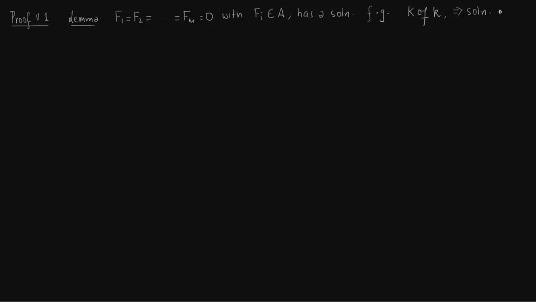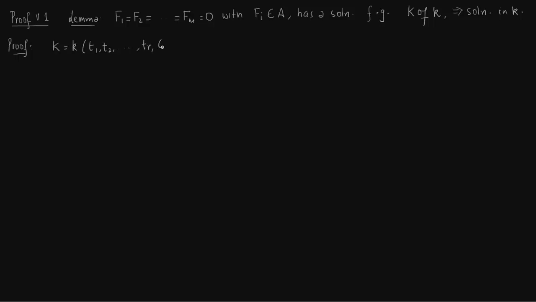So what we are saying is that if there is a system of equations and it has a solution in a finitely generated extension of a closed field, then it will also have a solution in the closed field, the smaller field. If you have a solution in the larger field, you will have the solution in the smaller field if the larger field is a finitely generated extension.